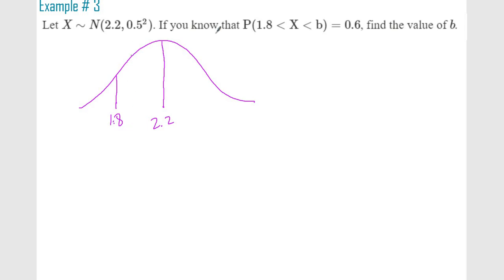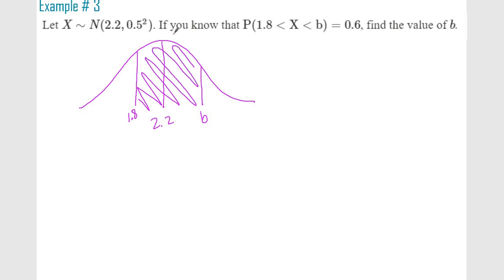I'm so silly. Let me draw this a little better to scale. So 1.8, and then I'm going to go to some value of b, so probably more this way. So it's probably not going to be centered because that value is 0.6.